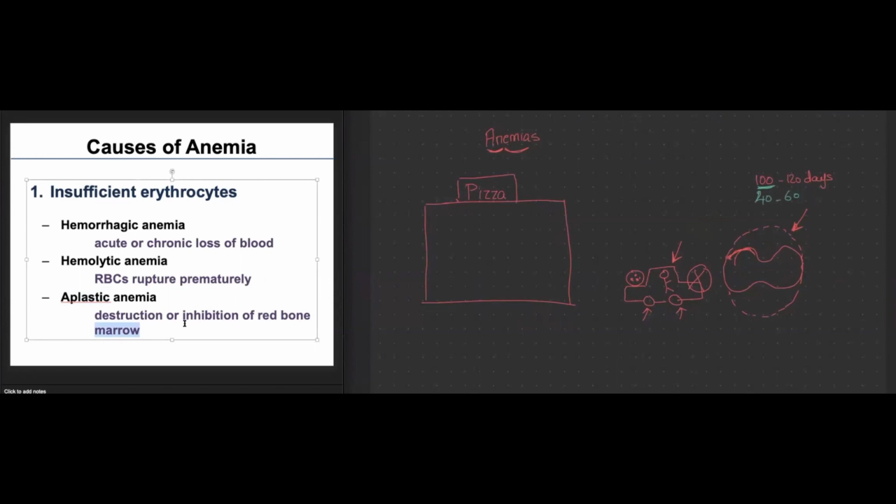This red bone marrow might have been destroyed by leukemic cells rapidly proliferating, causing the destruction of my red bone marrow. This will result in low number of the stem cells responsible to create all the blood forming elements. And remember, those are my hemocytoblasts.